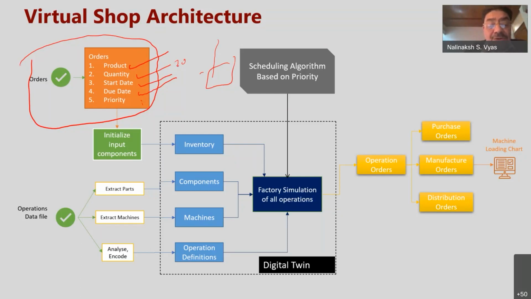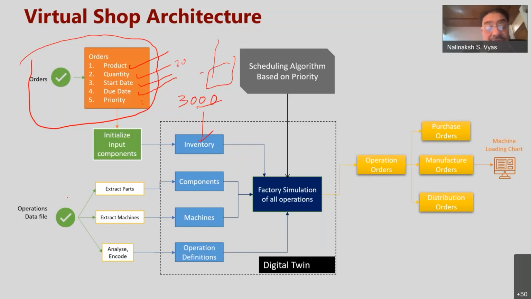It also has to account for, now when the product has been dictated, you know that these are the components, 3,000 components that need to be made. Out of these 3,000, how many of them are already available in inventory?